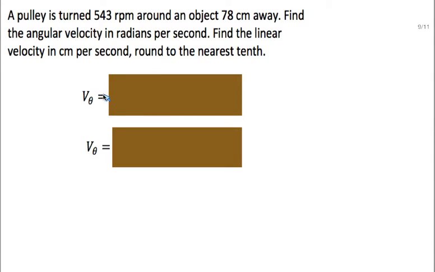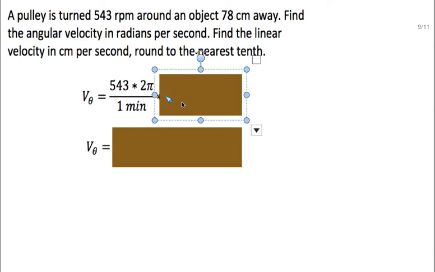Okay, so for the formula for your angular velocity, well, you really don't have one, but if you're given revolutions per minute, you need to take whatever your revolutions are per minute and multiply it by 2 pi, because that's how many radians are in one complete revolution. So in 1 minute, I'm going to have 543 revolutions times 2 pi radians, because there's 2 pi radians in one complete revolution.